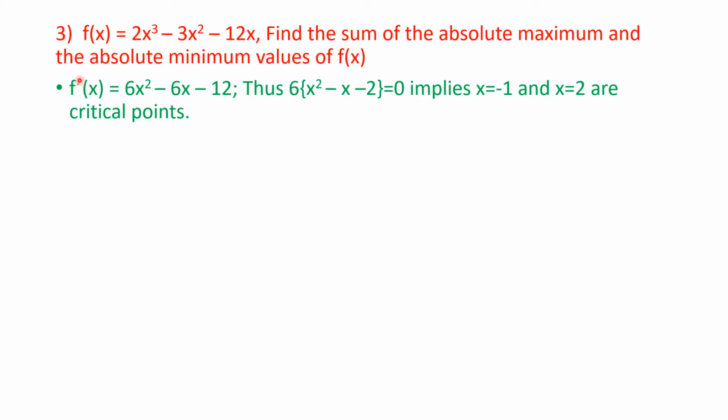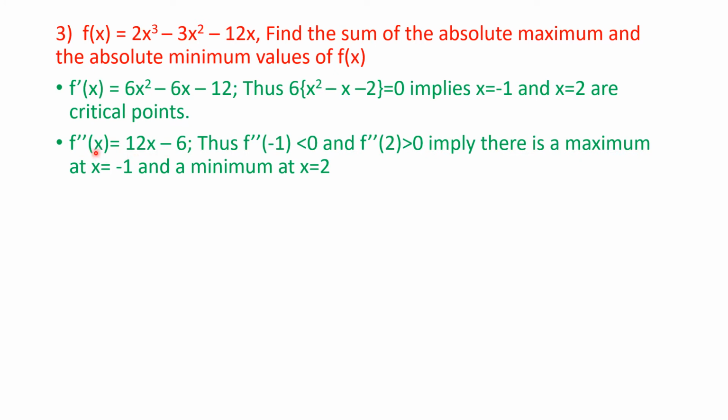So f prime of x will be equal to 6x squared minus 6x minus 12. Thus, if we take 6 as a factor, we get x squared minus x minus 2. If we equate that to 0, it implies that x equal to negative 1 and x equal to positive 2 are the critical points.